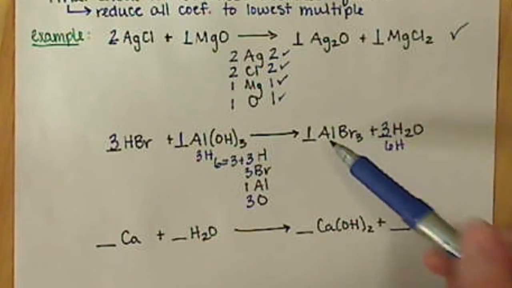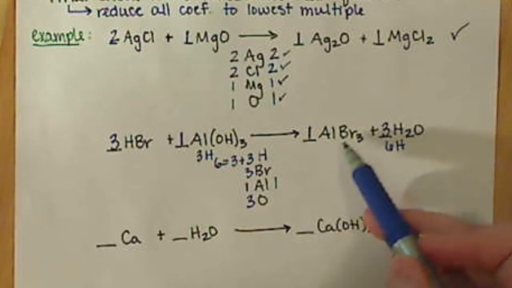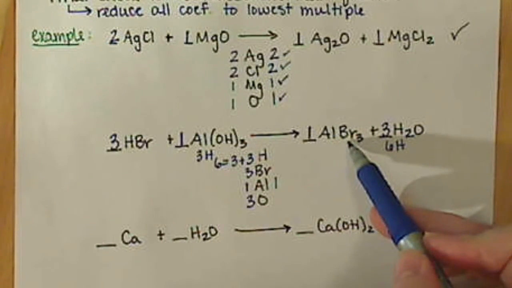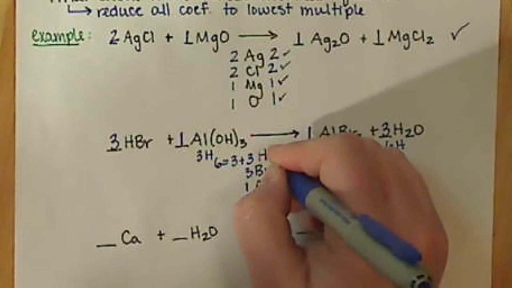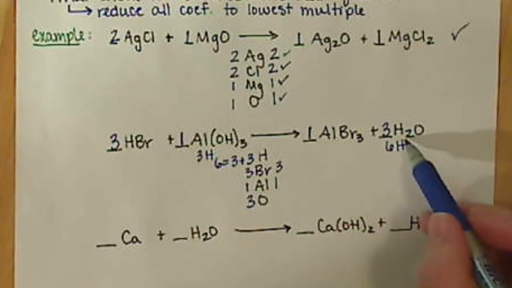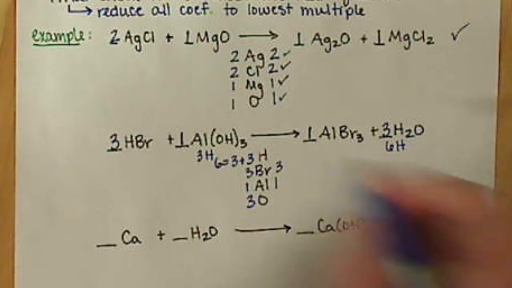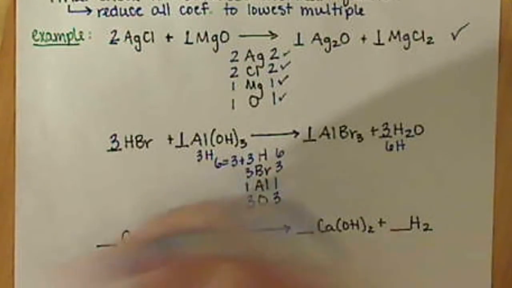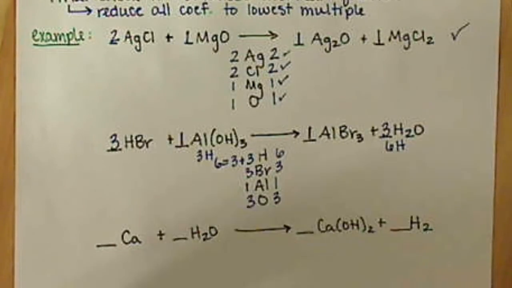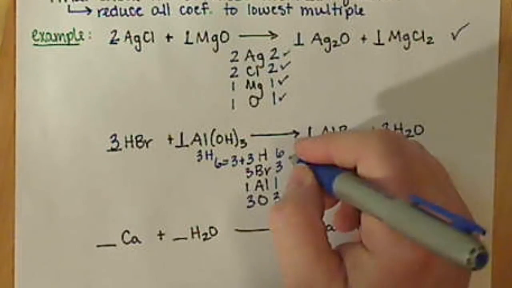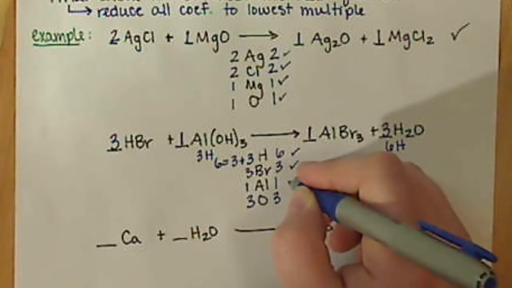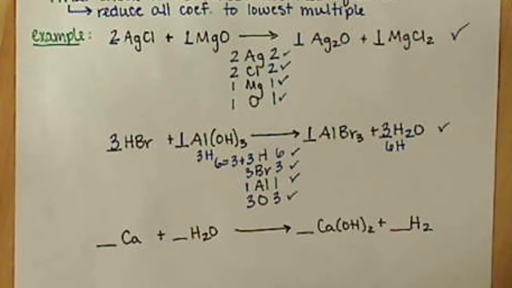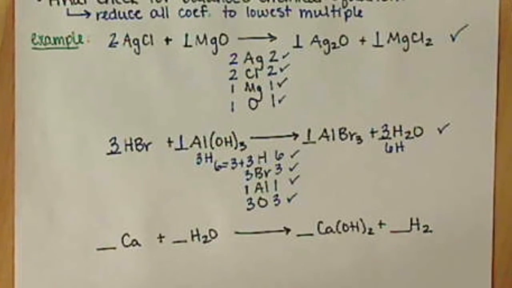Then I am producing 1 aluminum from aluminum bromide, 3 bromines from aluminum bromide. I have 6 hydrogen from my water and 3 oxygens from my water. So I have 6 and 6, 3 and 3, 1 and 1, and 3 and 3. So that is balanced.